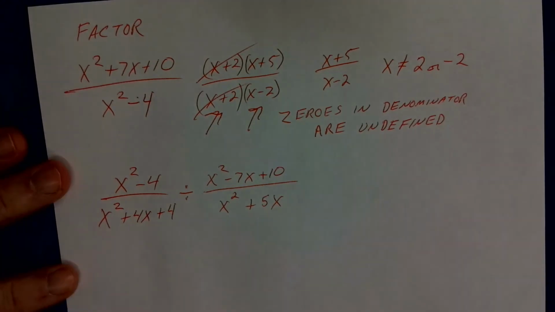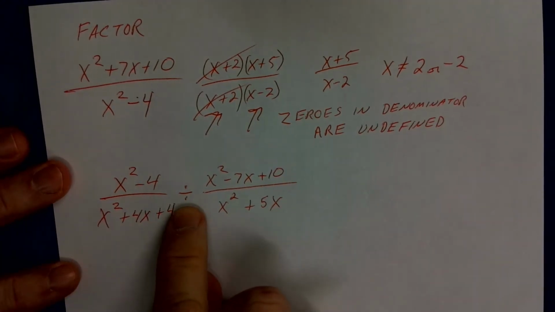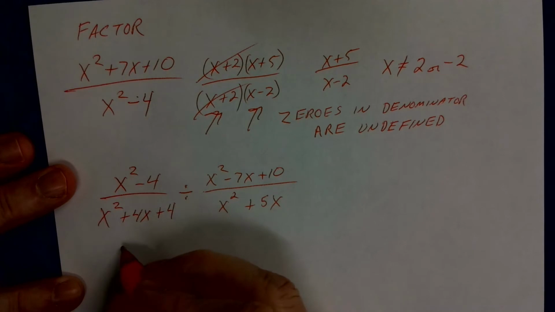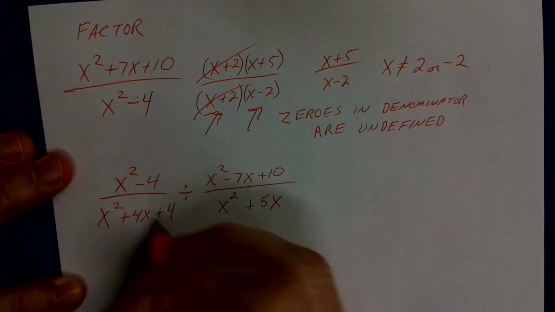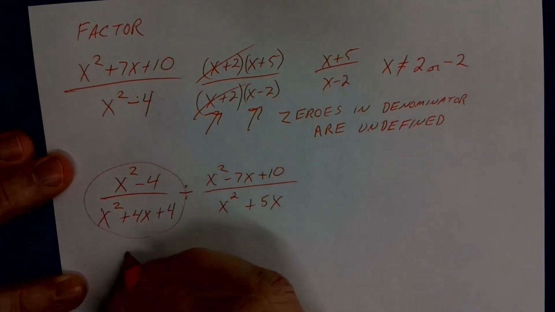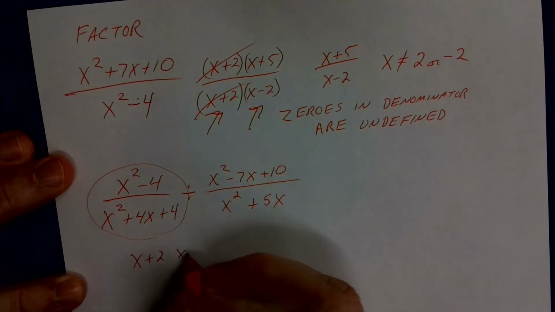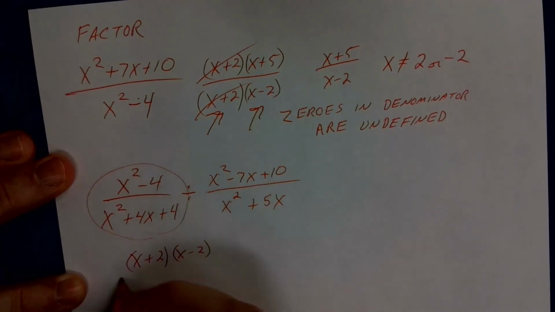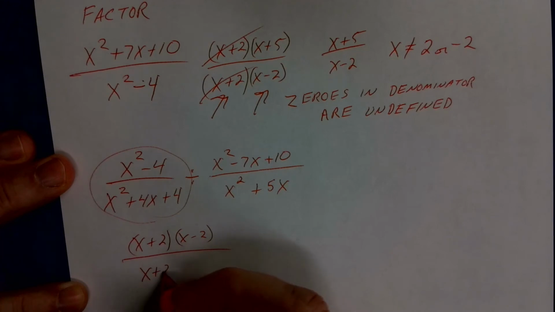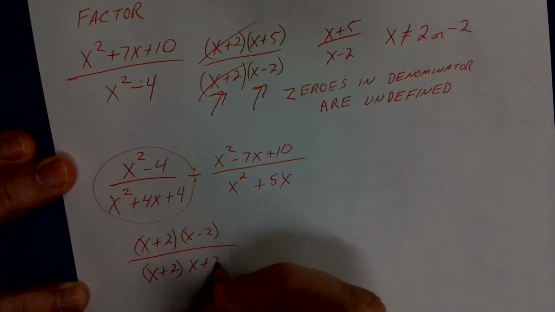So I got something like this. Well, we know that division means copy dot flop. So what I'm going to do is I'm going to copy down the first fraction, except I'm going to go ahead and factor stuff out. So I got x plus 2 and x minus 2. And in the denominator I got x plus 2 and x plus 2.